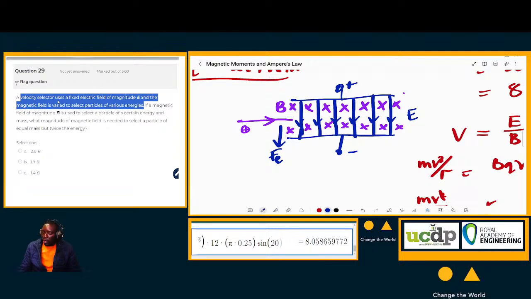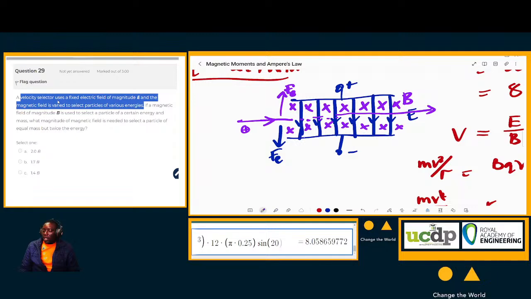So we also have Fb upwards. So the moment the two are equal, then the particle goes through undeviated.